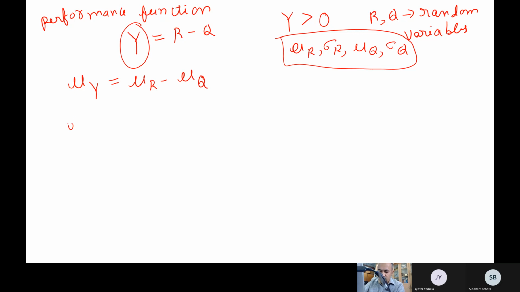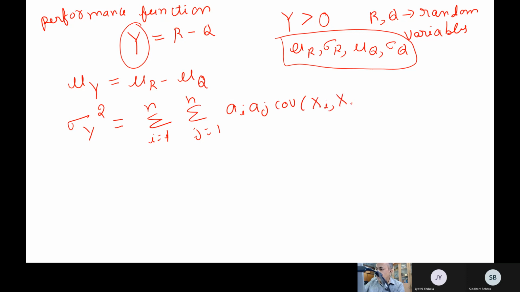And then the variance, that is my sigma Y square. So this will be that expression already, if there are n random variables, so you can write this as the sum over i and j from 1 to n, a_i into a_j, covariance of X_i, X_j.